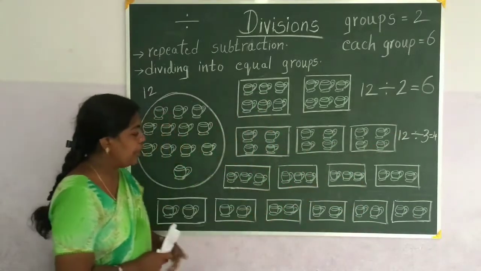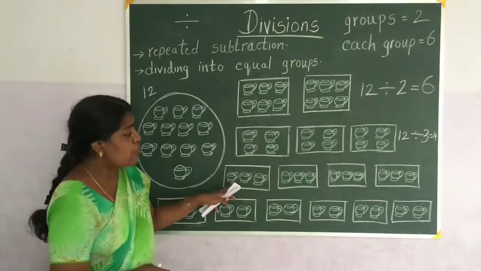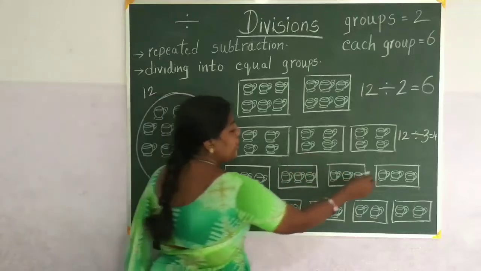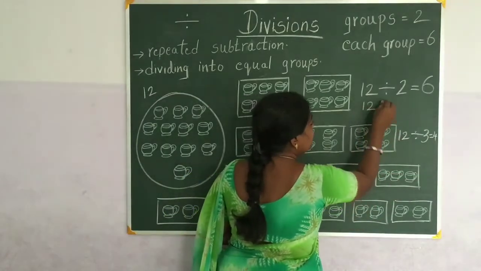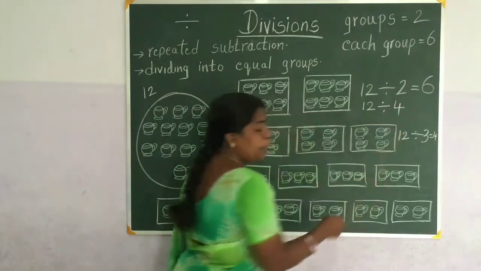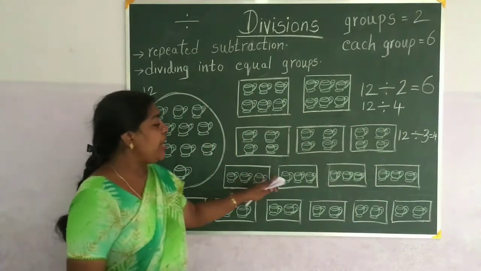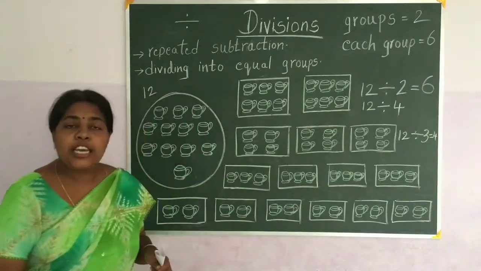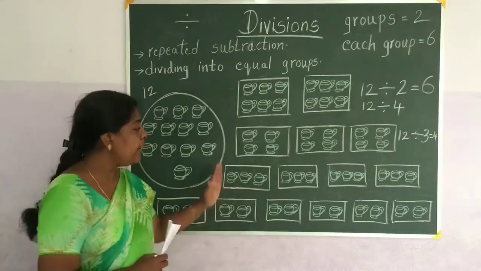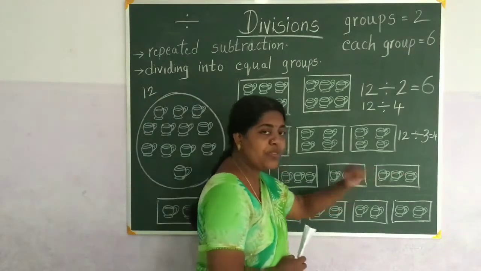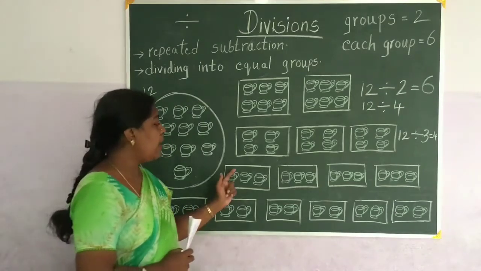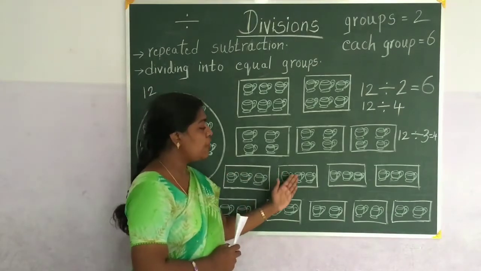Now let us do this one. Here the 12 cups I kept in this one. 12 cups are divided into 4 groups. How many cups are there in each group? 1, 2, 3. 1, 2, 3.